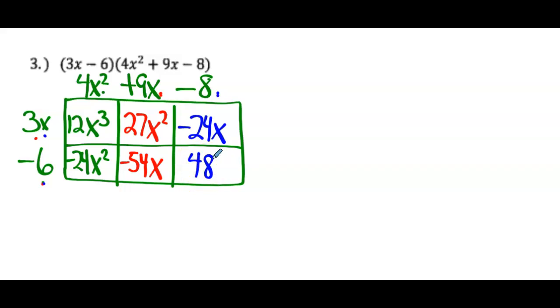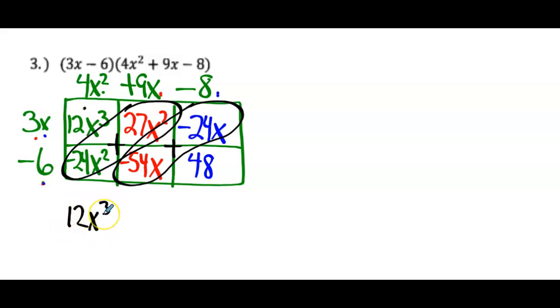This is where I look at what my diagonals are. I've got this diagonal, which I'm going to add together because they're like terms. And if your diagonals are not like terms, you've done something wrong, so double check your math. And I've got this diagonal that I'm going to add together. And I'm going to write my answer. The first part of my answer comes from this square here because I have nothing to add that together with.